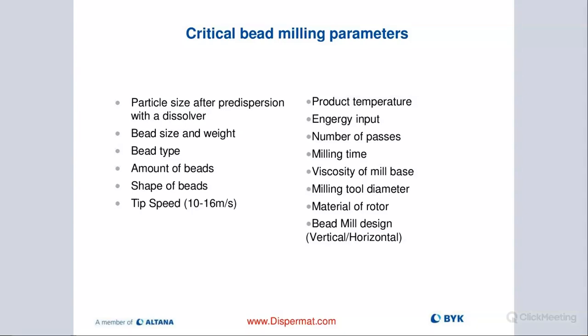Product temperature, again, when we are milling, we're going to put in a lot of energy. So we really have to maintain lower temperatures. So you need a good powered chiller. And when you select the chiller to work with your mill, you should always get the power of the chiller to match the power output of your mill. So if you, let's say, have a 1.5 kilowatt Dispermat, then you want at least 1.5 kilowatt on your chiller.